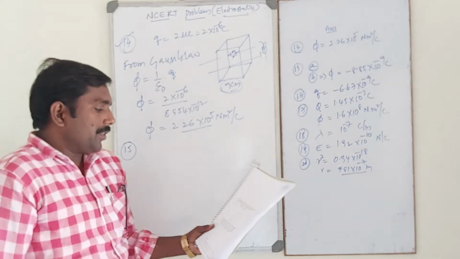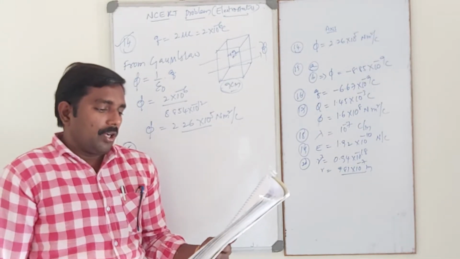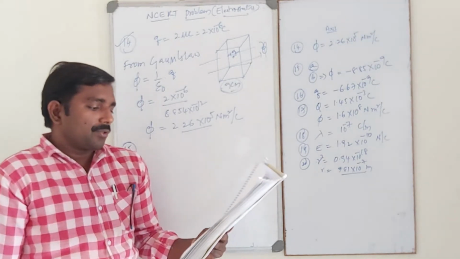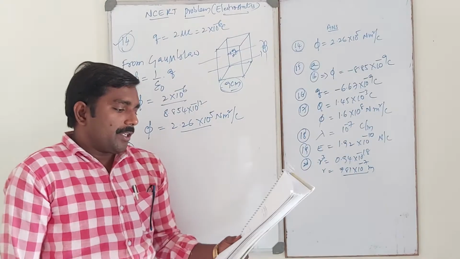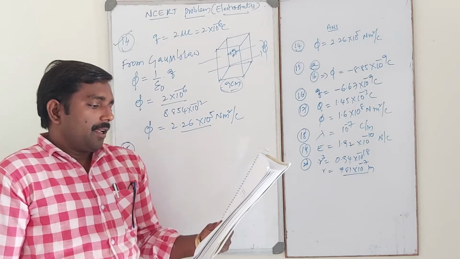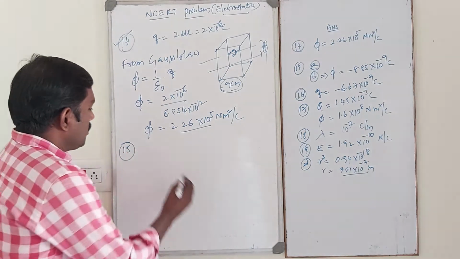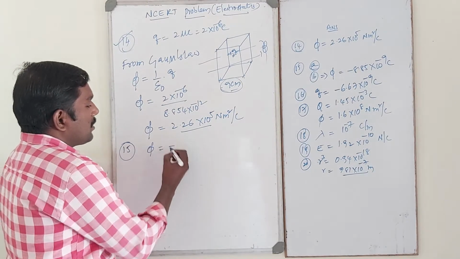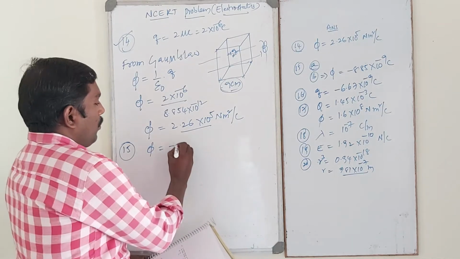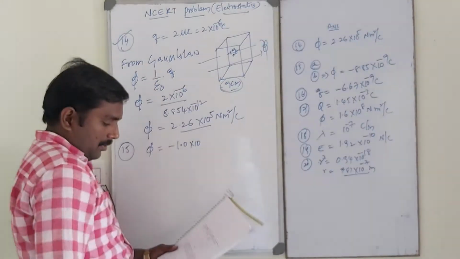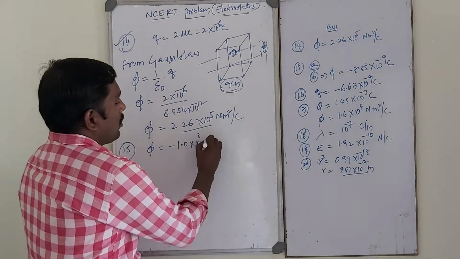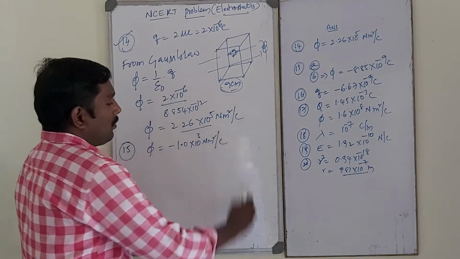First one, if the radius of the Gaussian surface were doubled, how much flux would pass through the surface?